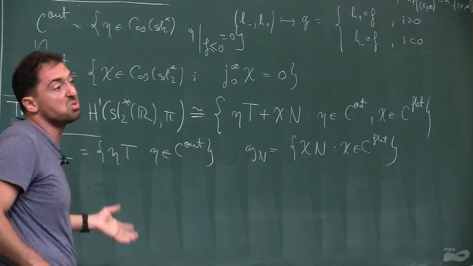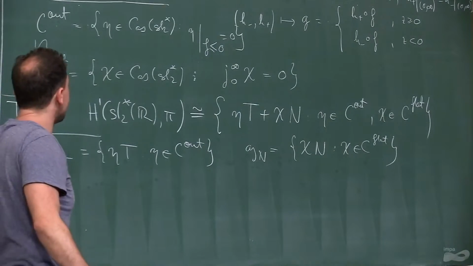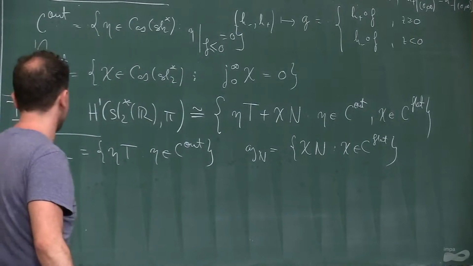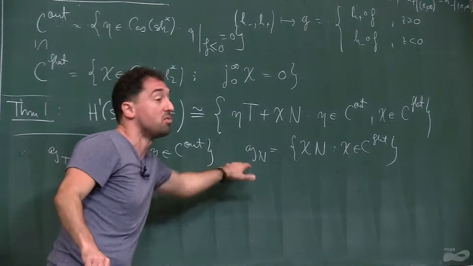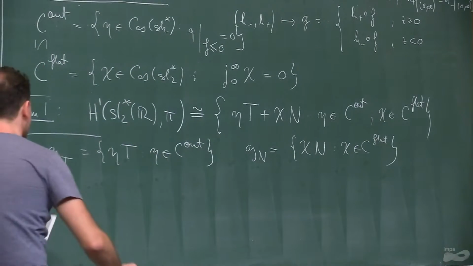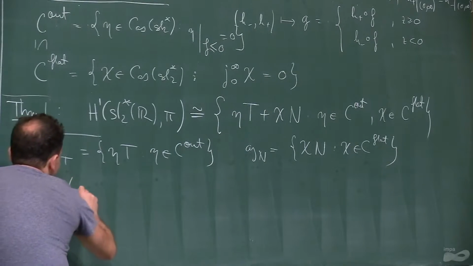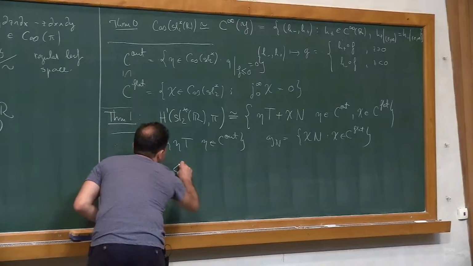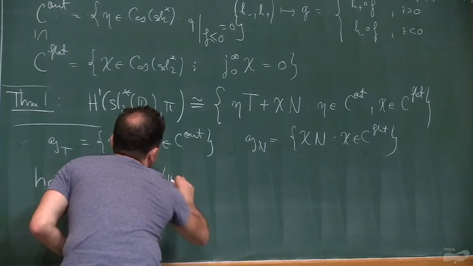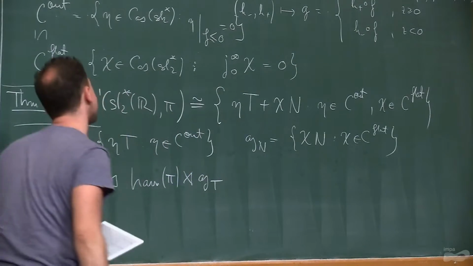So this depends on our specific choices, but then you can also understand quite well this Lie algebra, H1, as a Lie algebra. It's really isomorphic to the semi-direct product of these Lie algebras. So what you obtain is, you have the Hamiltonians of π, and this is an ideal inside the Hamiltonians of π semi-direct product with this G_T.